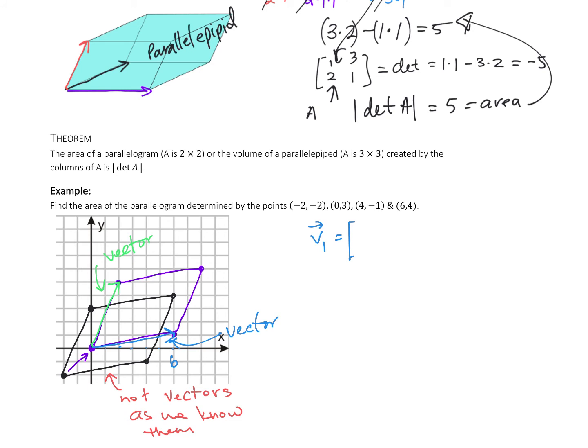That's 6, right? Whatever this point is, plus 2, plus 2. So 6 in the x direction, up 1 in the y direction. And our V2 vector is 2 in the x direction and 1, 2, 3, 4, 5 in the y direction. So that makes my matrix 6, 1, 2, 5.